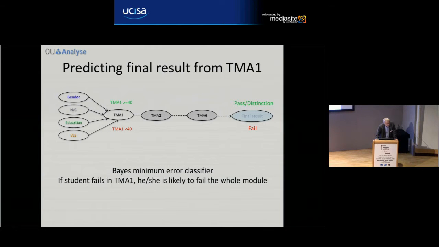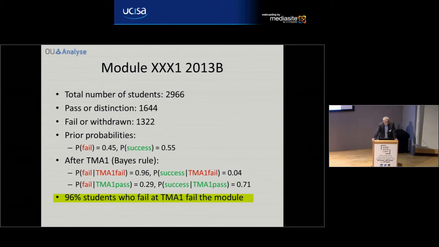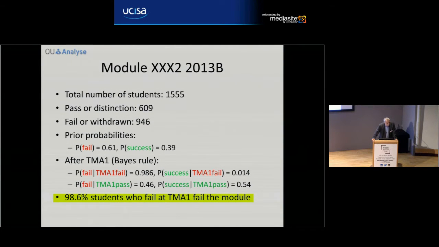And you will see some numbers which are really interesting. This is one module. 96% of students who fail TMA1 fail at the end. You probably think that it cannot be worse. Believe me, it can. This is another example.